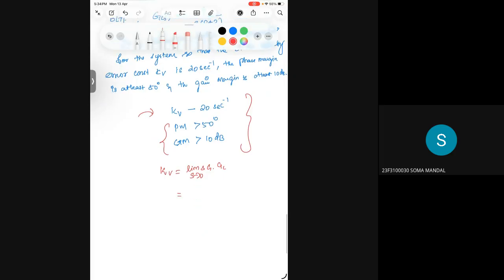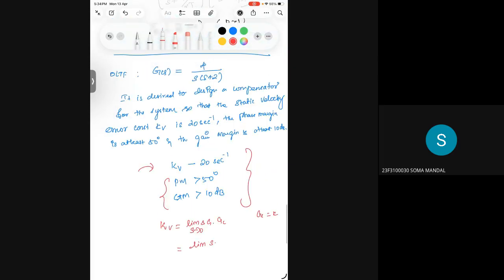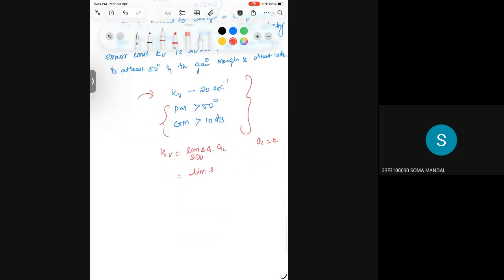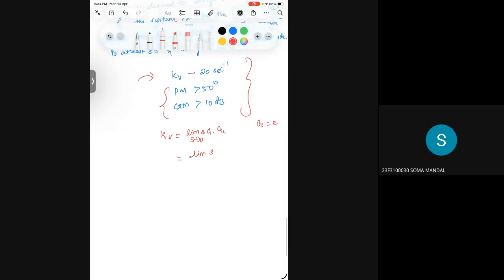I am now considering some gain K, just to find the gain value to start with. We are not assuming K equal to 1 as we do in Bode plot. Now we are considering which K I should choose so that my Kv is equal to 20 per second. So 4 divided by s into (s plus 2), times K. Limit s tends to 0, s will get cancelled: 4K by (s plus 2).